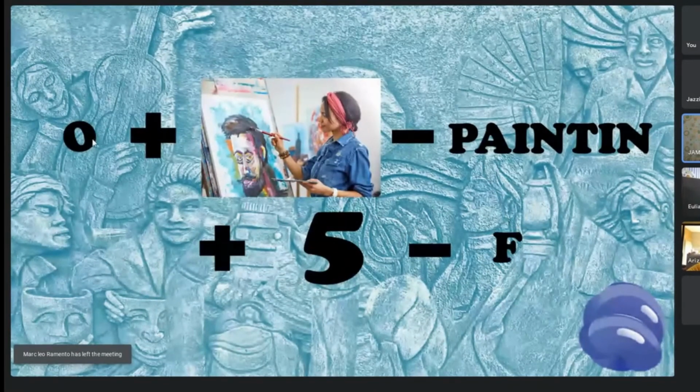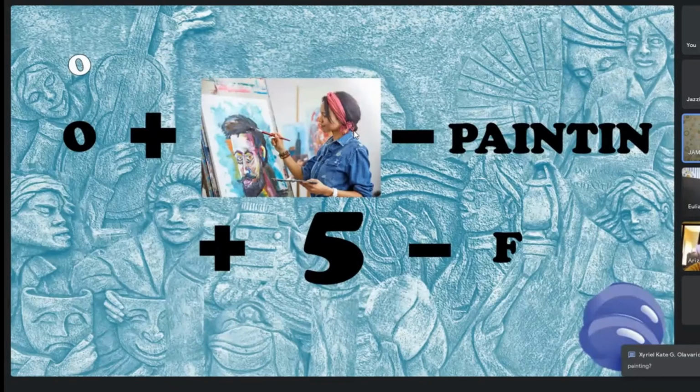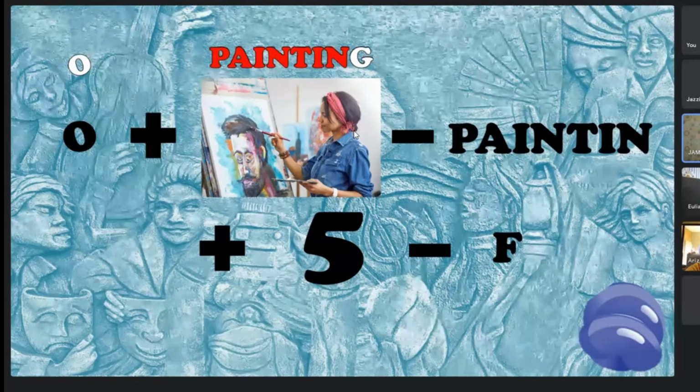Anyone? This letter plus this picture. What will be this picture denoted? Yes, this is a painting. So we have here O plus painting minus PAINTIN, which will become G.